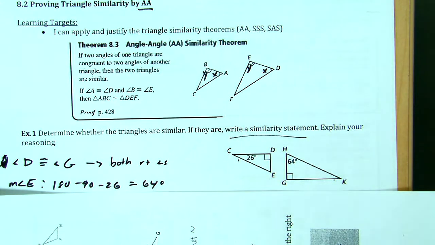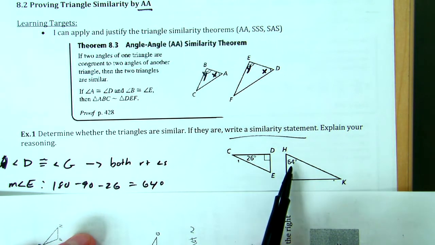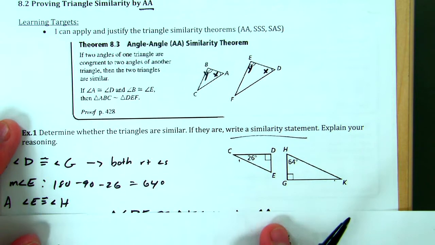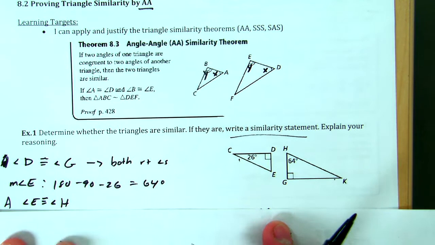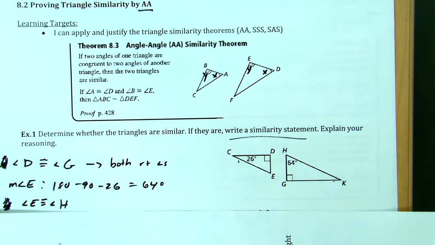So I've just shown that angle E is equal to 64 degrees. Okay, and the reason that helps me is because if angle E is 64 degrees, then angle E and angle H have to be congruent because they're both 64. Okay, so I've now just shown here that angle E and angle H are congruent.